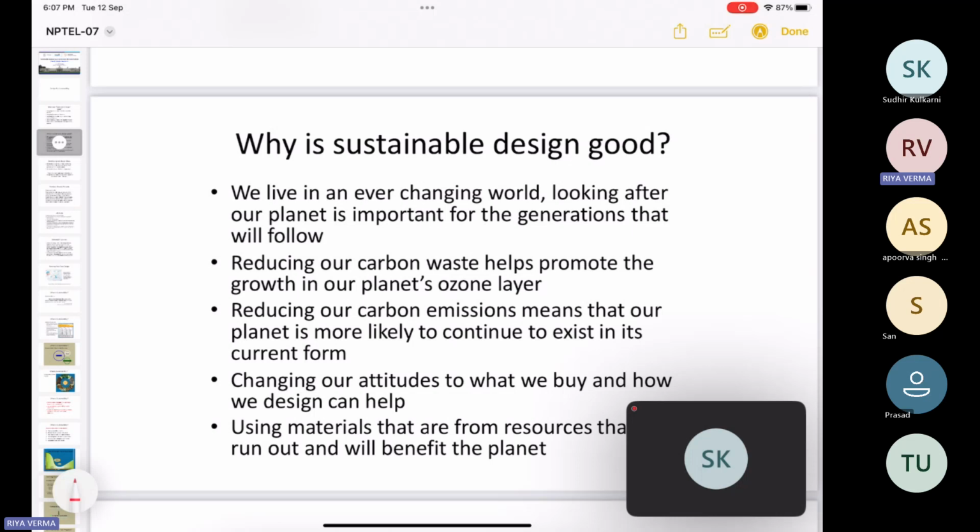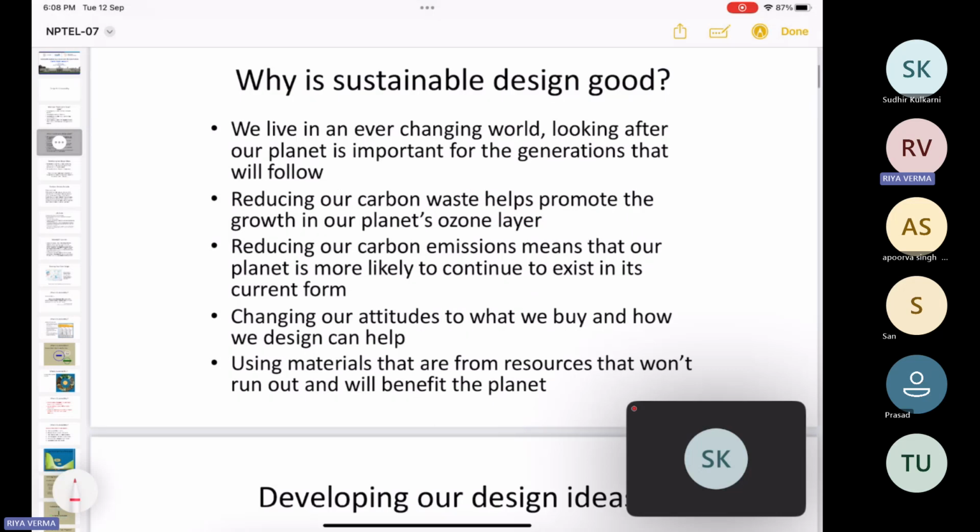So we need to reduce our carbon waste and carbon emissions. That means that our planet is more likely to continue to exist in its current form, because all these climate change factors like global warming, ozone layer depletion, acid rain, and several other factors disturb our ecosystem, and that is why we need to reduce our carbon emissions.